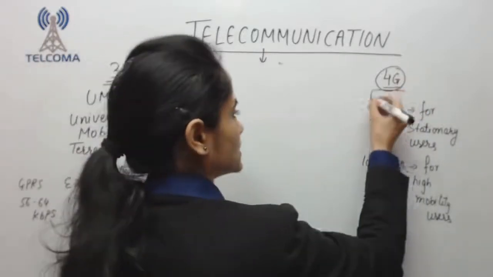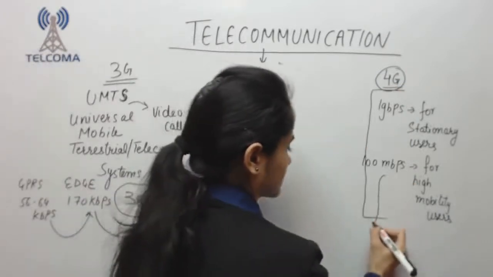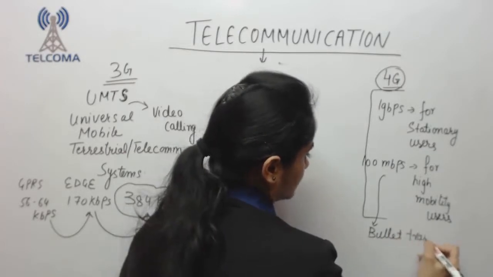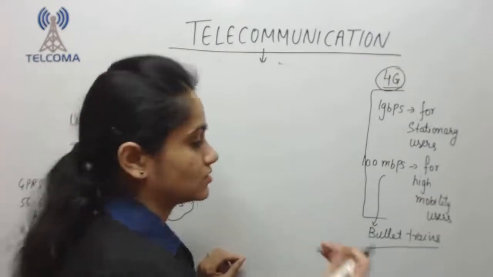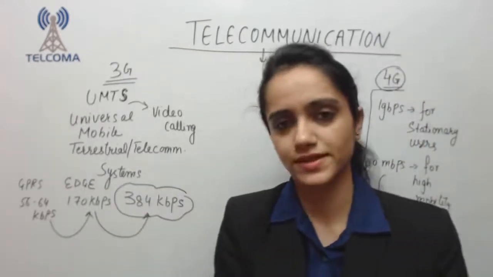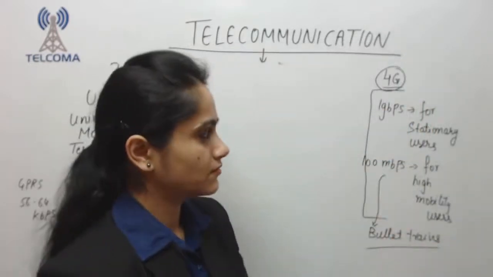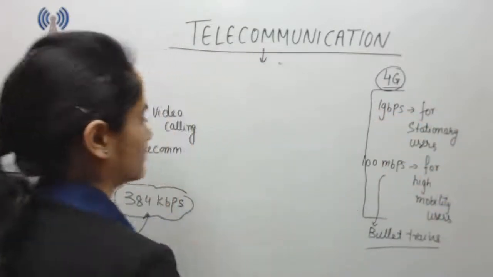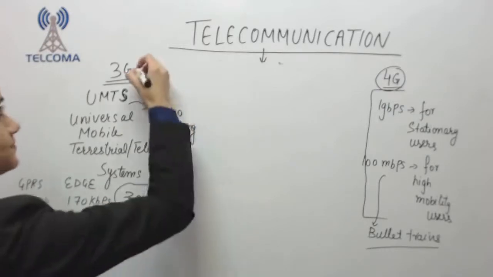Why is so much data rate required? This data rate is required for things like bullet trains. Whenever we are moving with high mobility, we require huge data rate. So in order to meet the requirement of high mobility services, like trains, bullet trains, we require huge data rate. So we set up a target that whenever we achieve this much, we call it our fourth generation. Now we are in third generation, that means we need to move ahead.